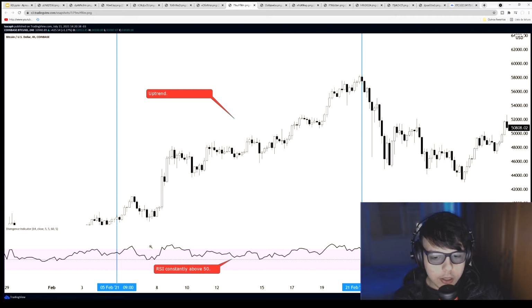So in this general move, the RSI just fluctuates between the 70 and the 50 line. And every time it hits the 50 line, it just bounces and comes back to the 70 line or above. So this is another example of a trend and how the RSI behaves in these types of environments.